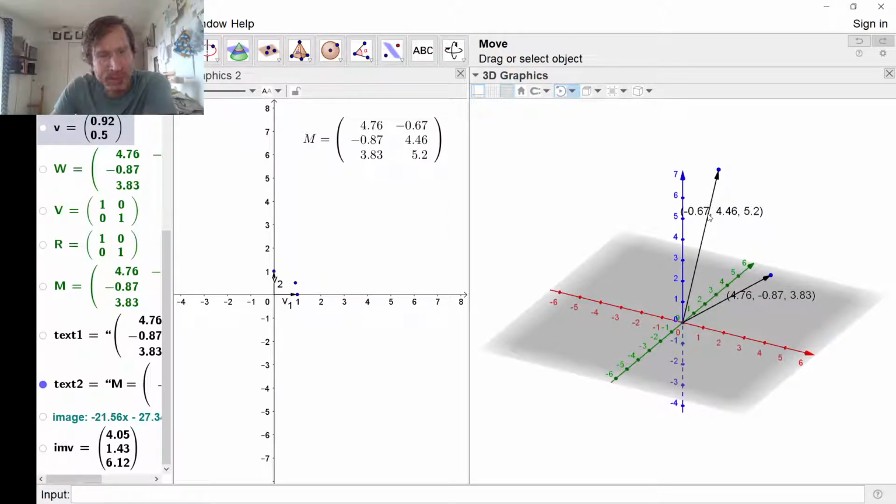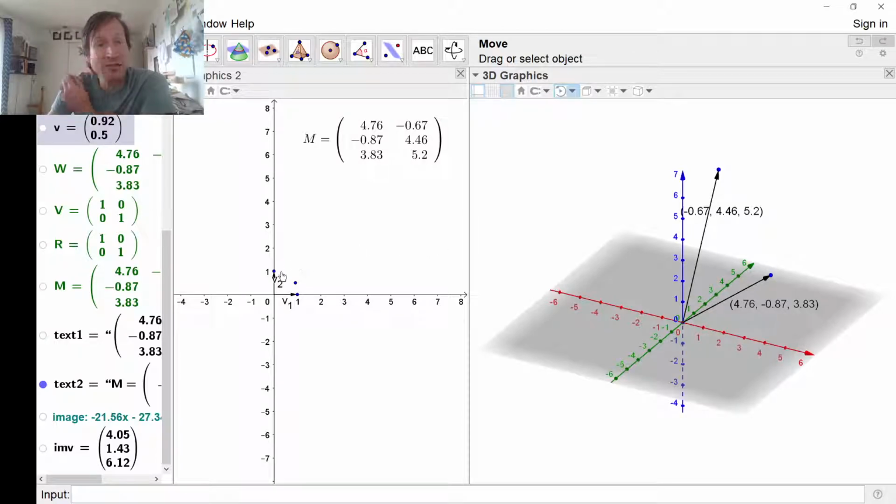Okay, so since v1 is currently the vector (1, 0), it's the first standard basis vector. We know that if you multiply the first standard basis vector by a matrix, you just get the first column of that matrix. So you can see that the first column of this matrix matches the coordinates of this vector down here.